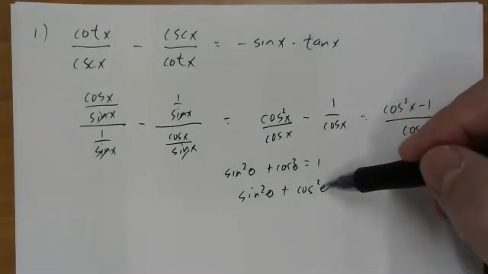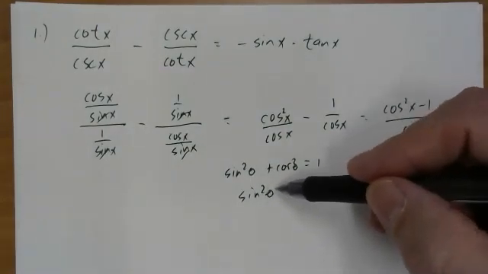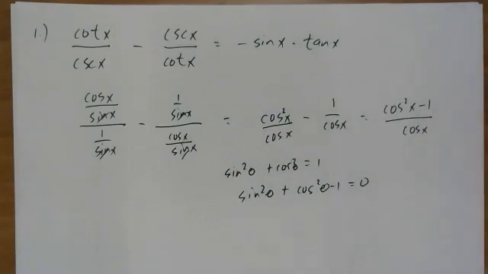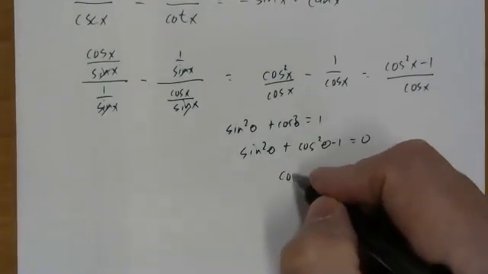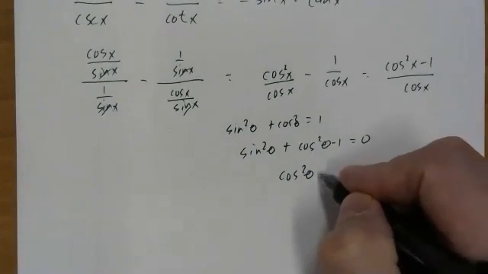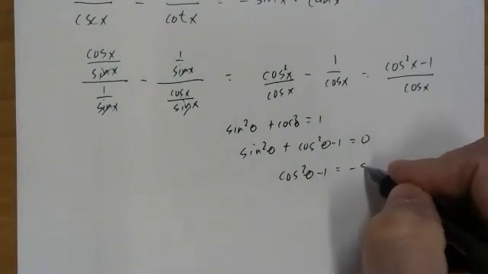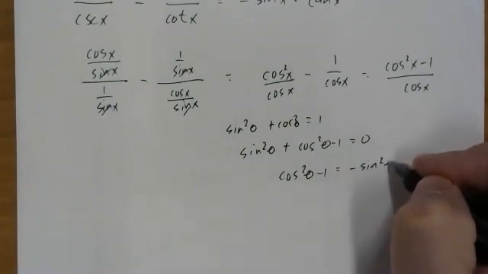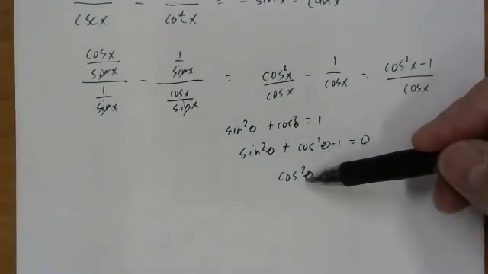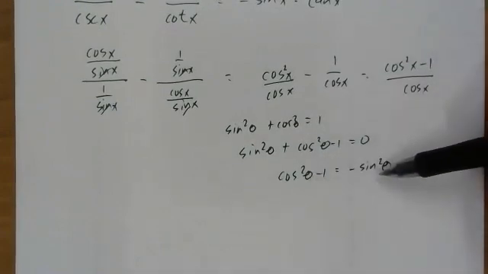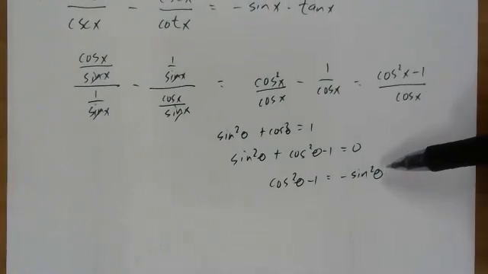Now I want to get cosine squared minus 1 by itself, so I'll subtract sine squared from both sides. Sort of a roundabout way to do this, but basically what I wanted to show you is cosine squared minus 1 equals negative sine squared.